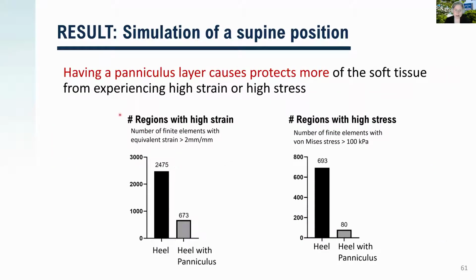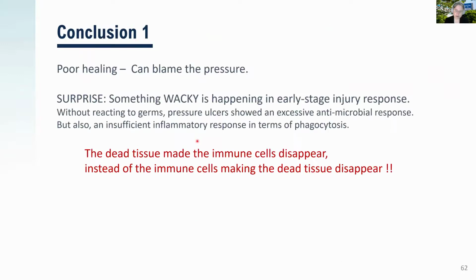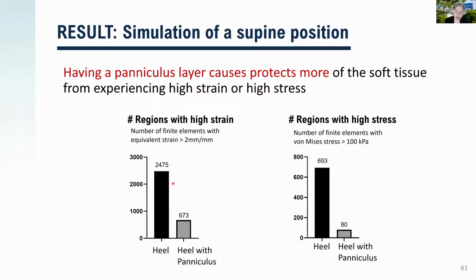And then in terms of the number of regions, the tiny little volumes in the simulation, the number of volumes with high strain is much, much lower with the panniculus intact. And the number of regions with high stress, measured in kilopascals for those tiny little volumes, is way lower.